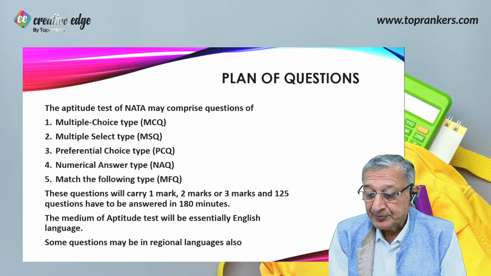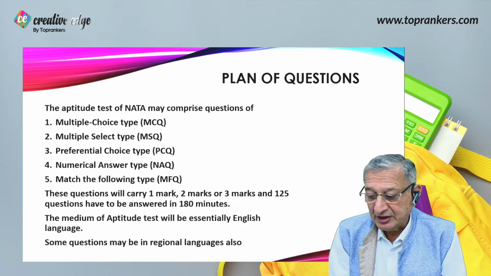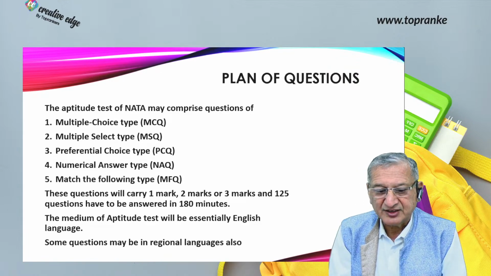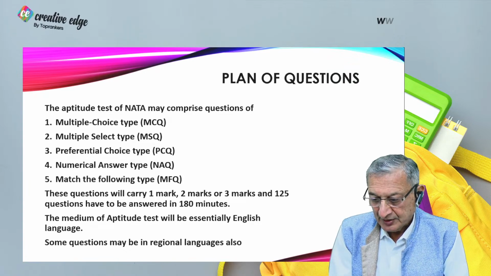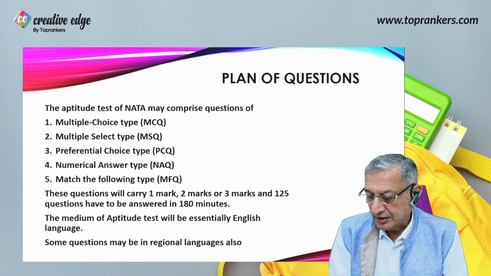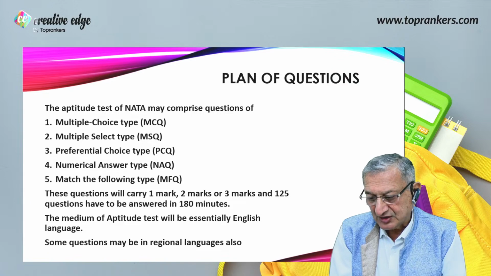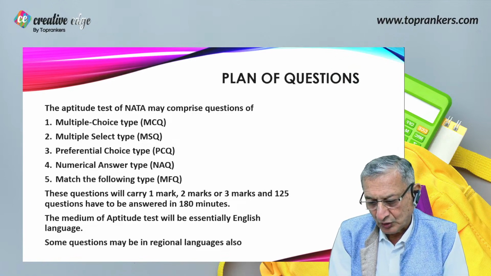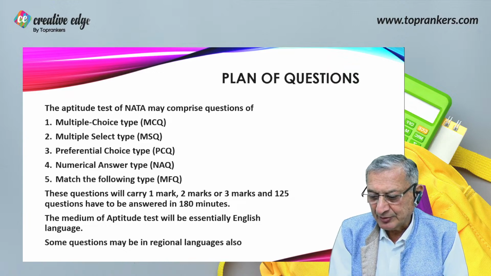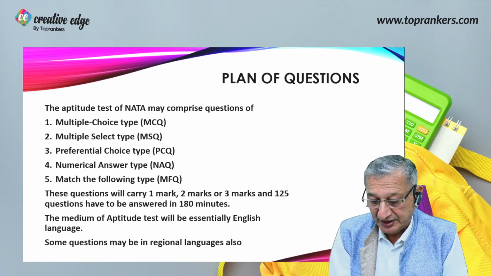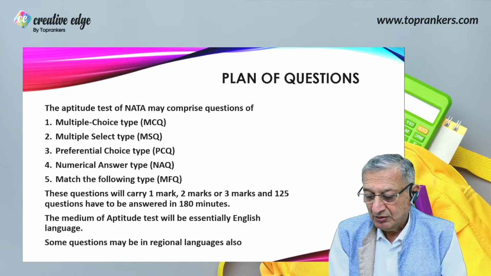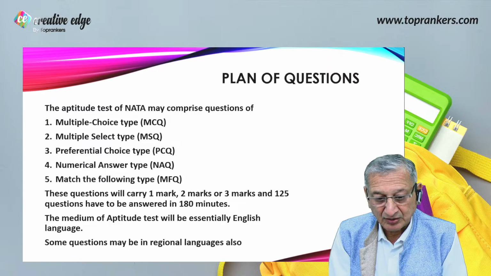The question will carry 1 mark, 2 marks, or 3 marks, depending on the details it's demanding. And of course, as there are three answers, there will be 3 marks, two answers, 2 marks, single answer, 1 mark. The medium of the aptitude test will essentially be the English language. Some questions may be in regional languages also.